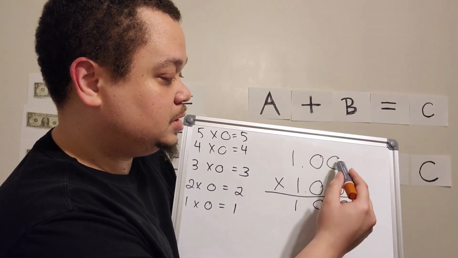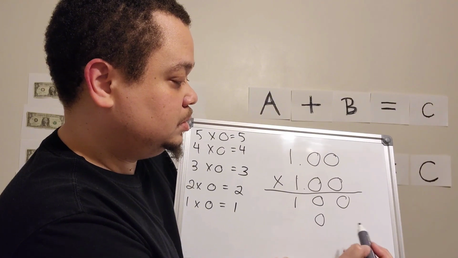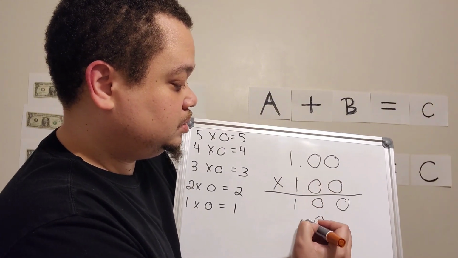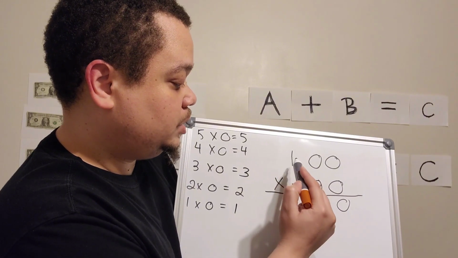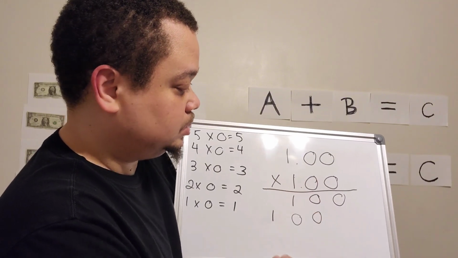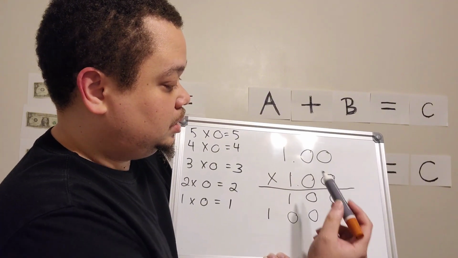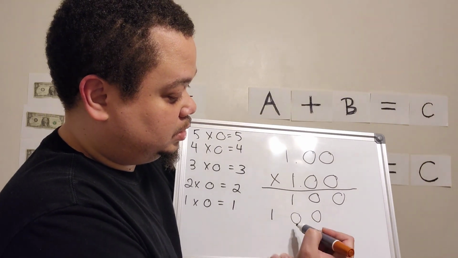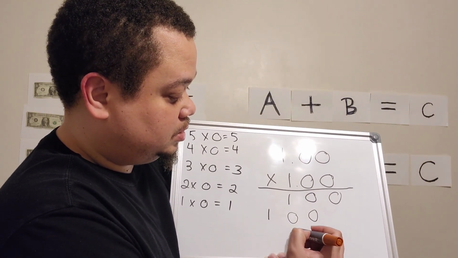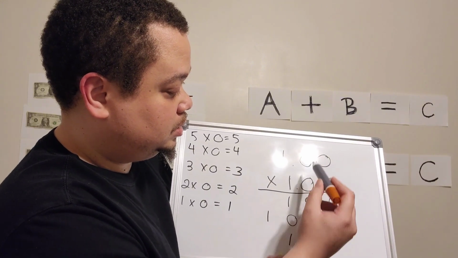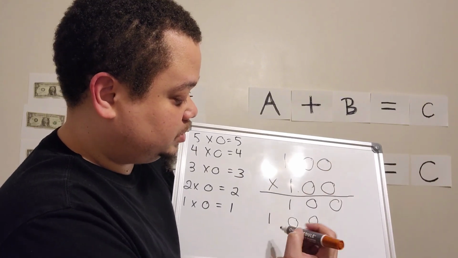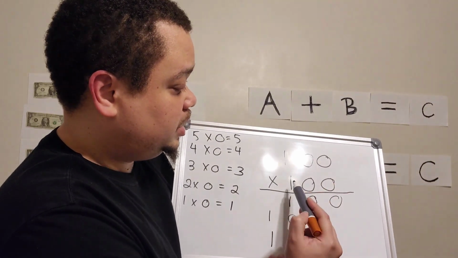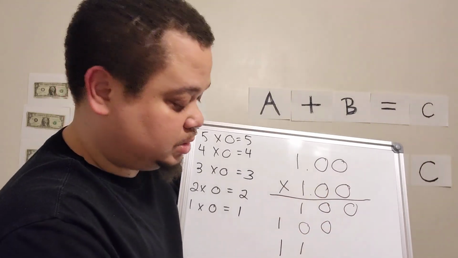Okay, 0 times 0, 0 times 1 is 1. 1 times 0 is 1. Then 1 times 0 is 1. And then 1 times 1 is 2.